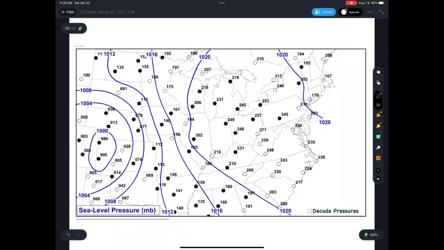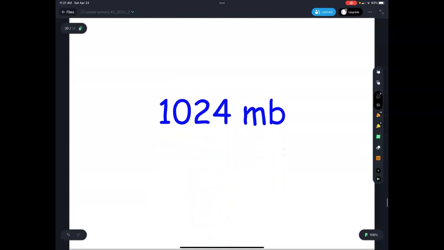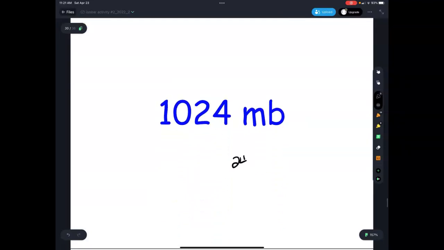Again, the computer is going to estimate it way better than I can, or that you can, I hope, unless you're a super duper crazy estimator. I don't know. Okay, so the next one, if we go in increments, is going to be 1,024 millibars. This is going to be written on the map as 240.